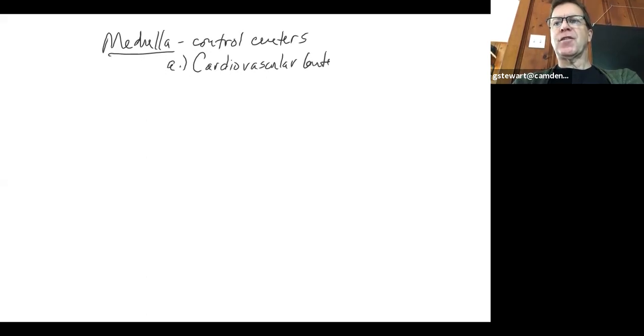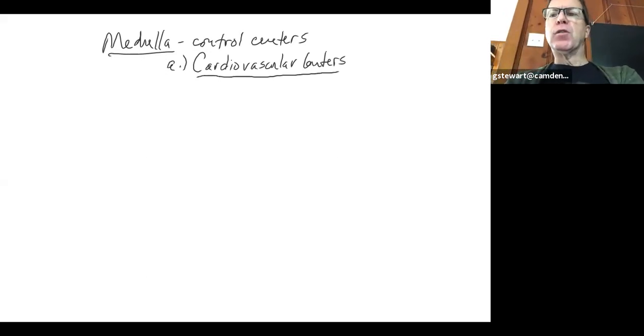They say centers because there's a specific cardiac center and a specific sort of vasomotor center. But this area controls things like, I'm going to abbreviate this, heart rate, something called stroke volume. Just think of beating power, how hard the force contracts.